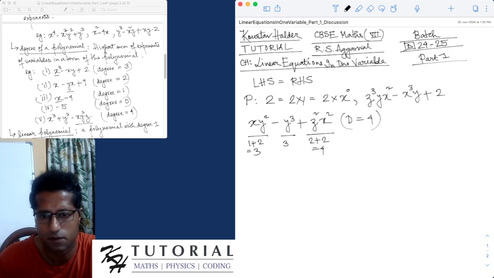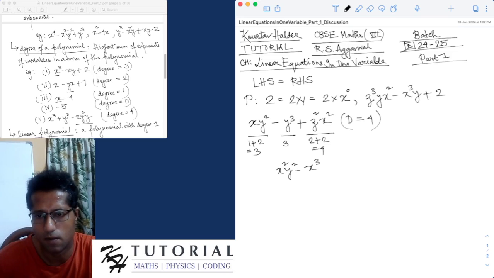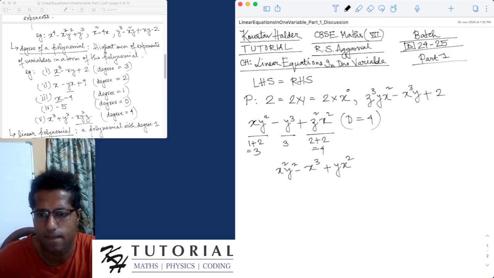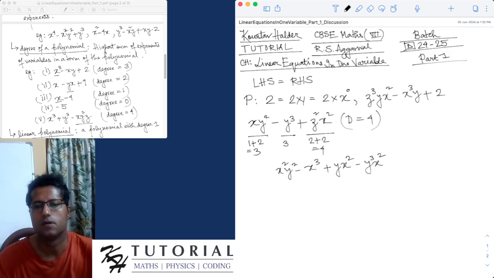Let's take another example. Let's say x square y square minus x cube plus y x square and minus y cube x square.